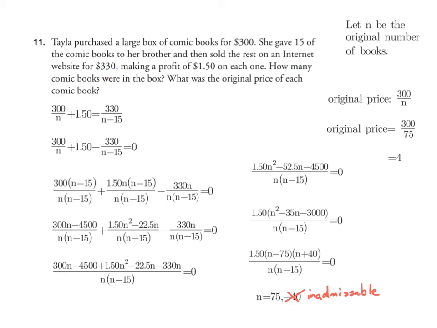So if you have 60 books and you charge $1.50 more, so you're charging $5.50, and that times 60, sure enough, equals 330. 60 times $5.50 equals 330. So this all makes sense. So the original price really was $4. The new price was $5.50.